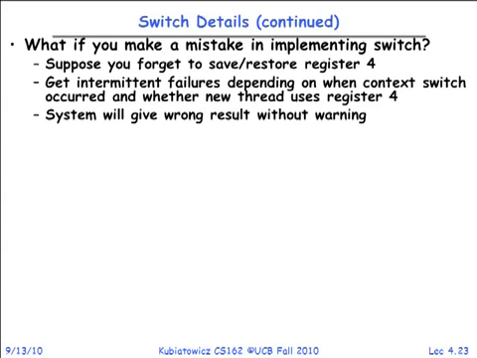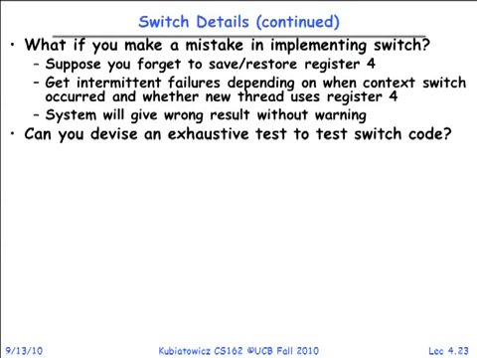Unfortunately, these kinds of bugs are unpredictable, very hard to reproduce, and maybe people won't even believe you that they're happening. So the best thing, of course, is to make sure they never happen, and we'll try to help you with that later. Can you come up with an exhaustive test to test the switch code?